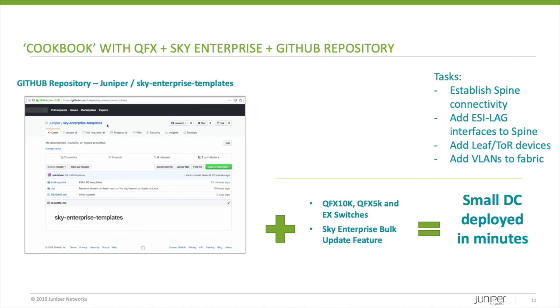And actually on GitHub, I mentioned the repository there, we have some predefined templates that you can get and customize so that you can work a scenario that matches your environment and get a process in place to do those day-to-day tasks. So I think the combination of those templates and the power of Junos and the simplicity of the Sky Enterprise system is really going to make it nice and simple to manage that small data center environment.